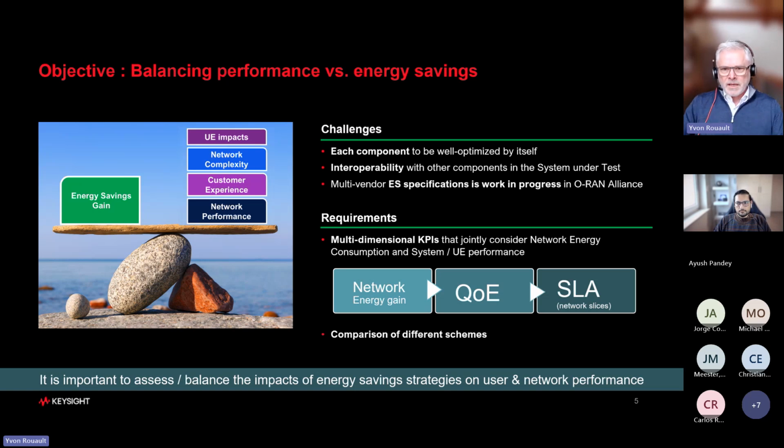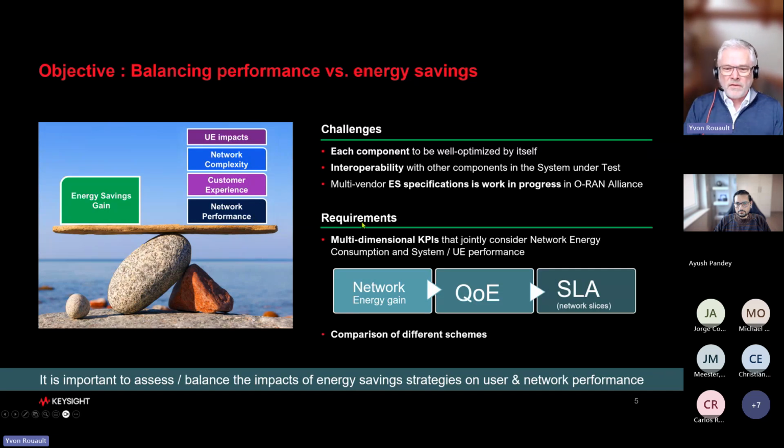This is fundamental because it's not just about measuring the consumption of energy. When you want to optimize energy efficiency, at the same time as you measure the energy consumed, you must put that in perspective with the impact on the end users from a QoE perspective, on the network architecture, and on network performance.